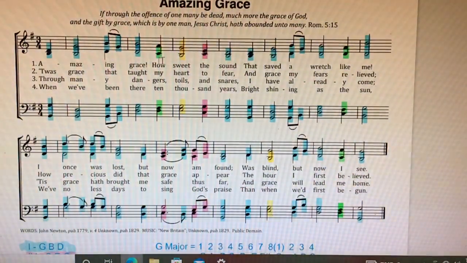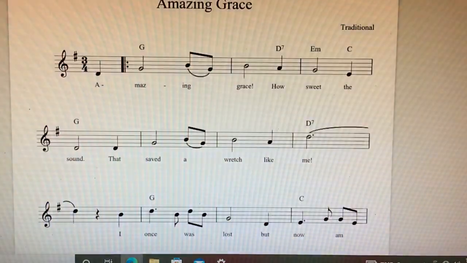We want to be able to make a beautiful piano arrangement using this, and we want to be able to accompany using this. And accompany is kind of the key word here for a lead sheet. A lead sheet, because it doesn't usually have this melody here, is for accompanying.